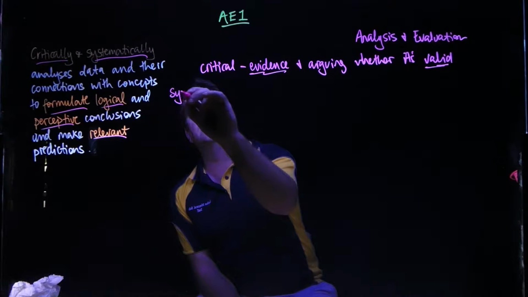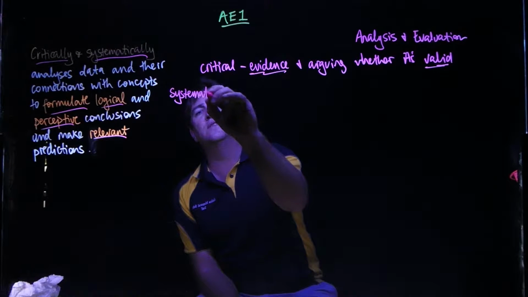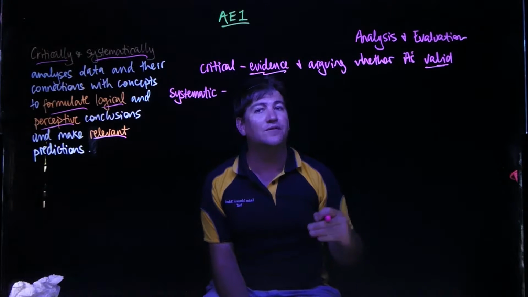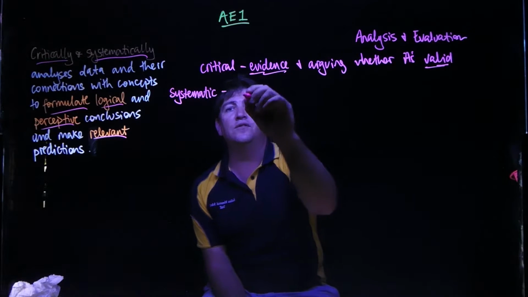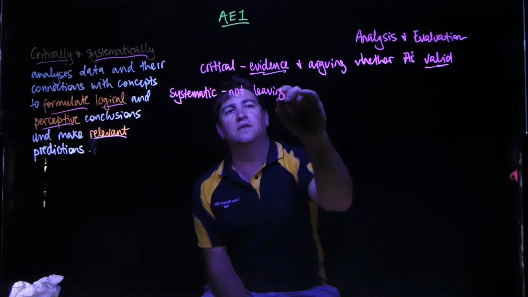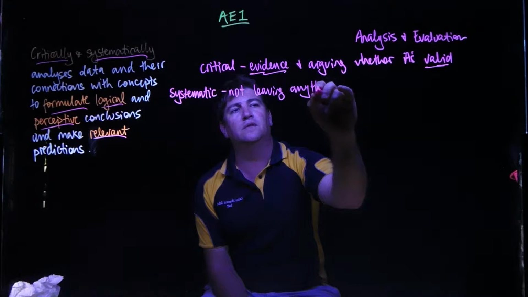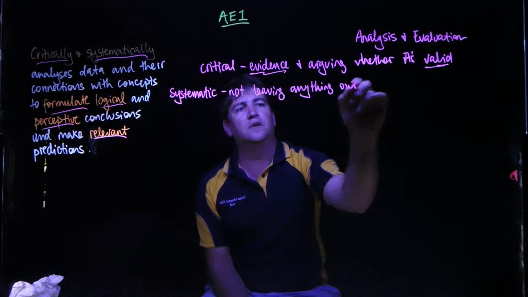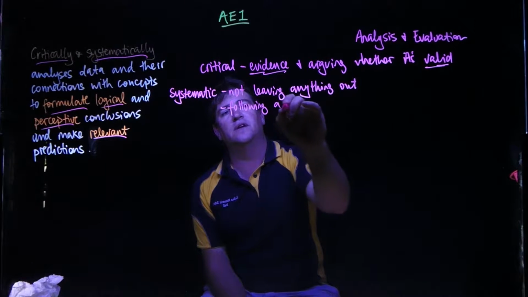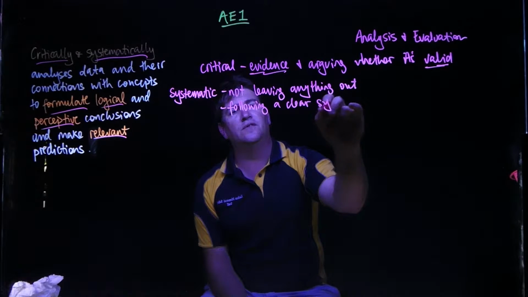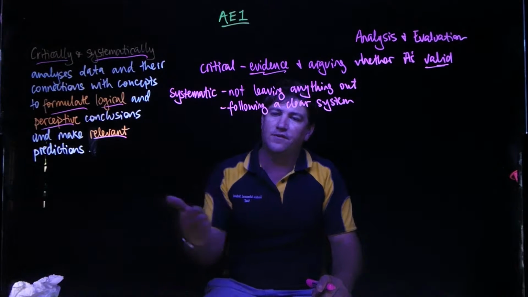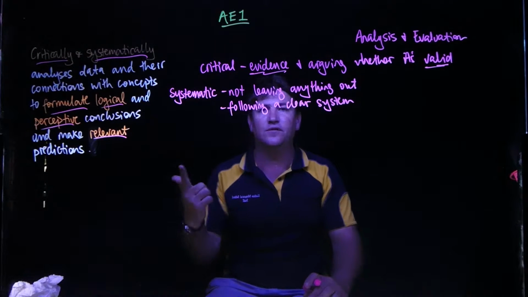If you are systematic, what you're doing is using some sort of system to go through, so you're not leaving anything out to start with. You are following a clear system. So you're saying, okay, here's evidence of random errors, here's evidence of systematic errors.